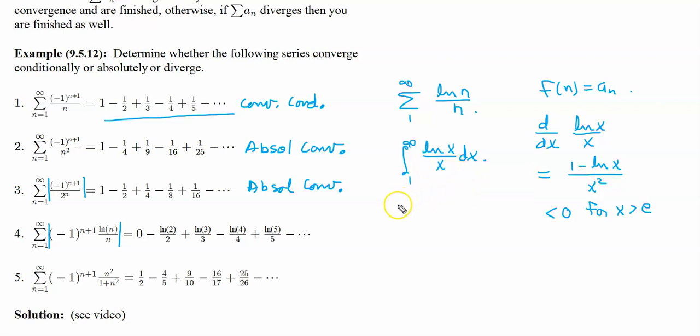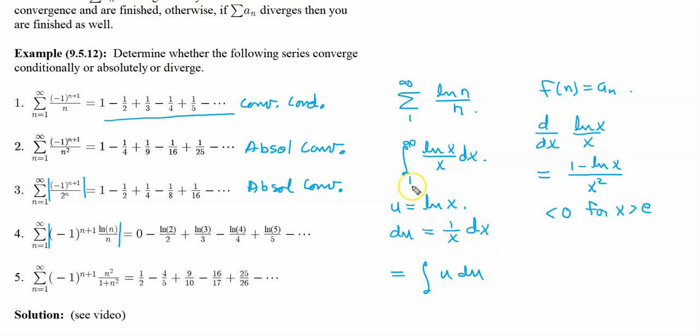Okay, so what we want to do here then, we want to evaluate this using substitution, right? So we'll let u equal the ln of x, okay, in which case du is going to be 1 over x dx. And we see that this becomes, let's see, the ln of x is going to be our u. Dx over x, that becomes du.